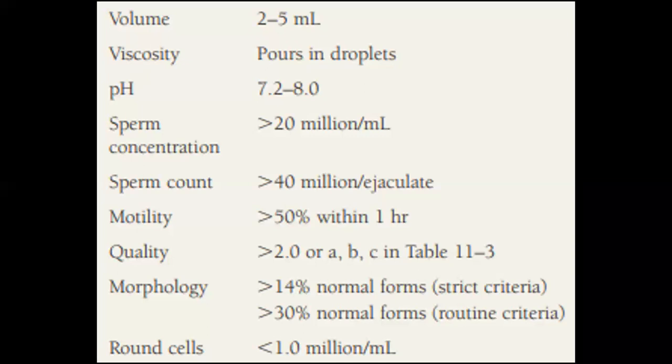Remember, that would allow the enzymes secreted by your prostate gland to take effect, which will cause liquefaction of your coagulum. Now, the normal viscosity of the fluid is that it must pour in droplets.